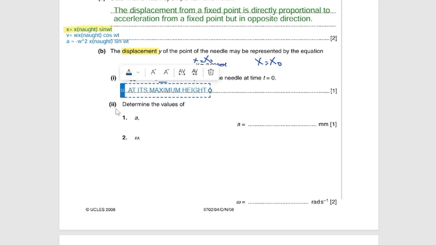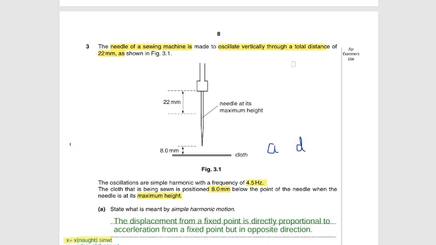And moving on towards second part, determine the values of a and omega. Now this one more question is something that confuses students a lot. We know what A is. A is our amplitude. But how do we know what amplitude is? They have given us a total distance. We do not know what the amplitude is.